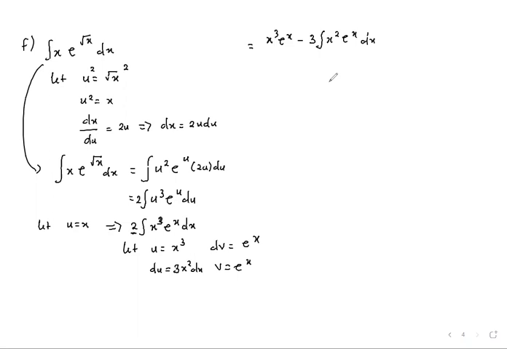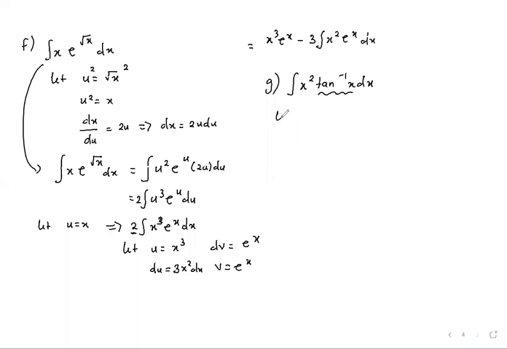Moses said you finish this one. Then let's comment on G. We have the integral x squared tan inverse of x dx. So whenever you have tan inverse, you can't integrate this one.